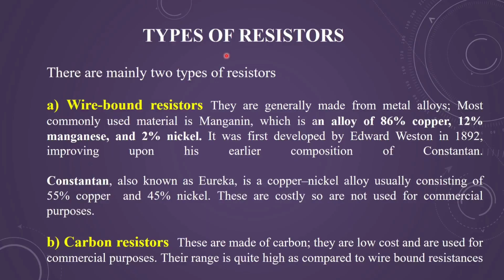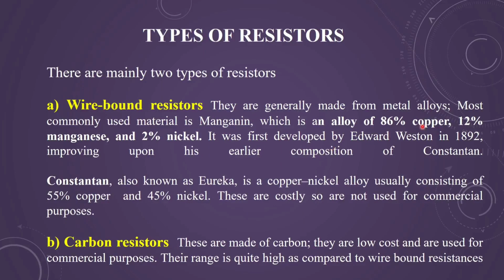Two types of resistors are used in our day-to-day life. Like in the lab, we will be working with wire bound resistors. They are just thin wires of different materials. Basically metal alloys are used, like manganin, and constantan is also used, though manganin is the improved version.